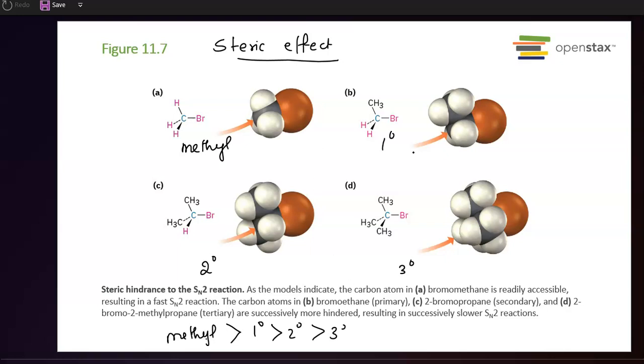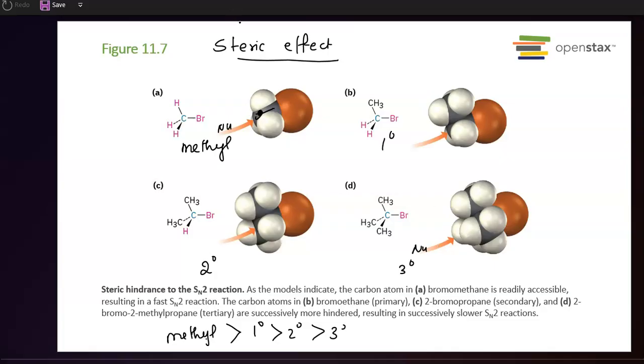The bulkier the alkyl halide is, the slower the reaction. The reason is that when the carbon atom is shielded by larger groups, the attack of the nucleophile becomes difficult. This arrow shows the attack of the nucleophile. With a methyl group, the nucleophile can attack this gray colored carbon atom much more easily than in a primary, and primary is better than secondary, and secondary is better than tertiary, because in tertiary the nucleophile can hardly see the carbon atom on which the attack should happen.